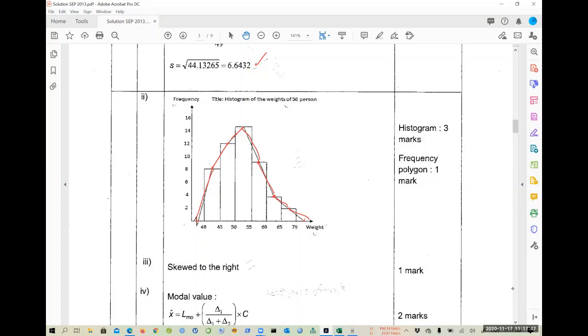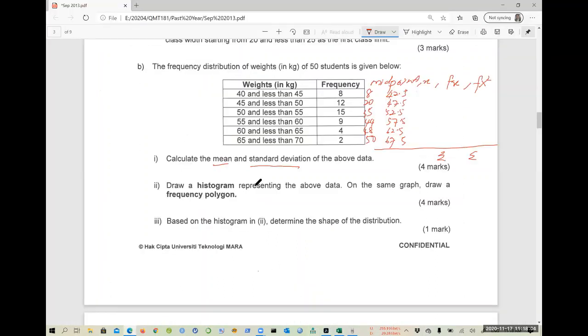So remember to write down the title and also the labels. Okay, you have the weight and the frequency. However, for the frequency, it is better not to use frequency, but use the correct variable given. So in this case, the variable given here is the weight for the x-axis.